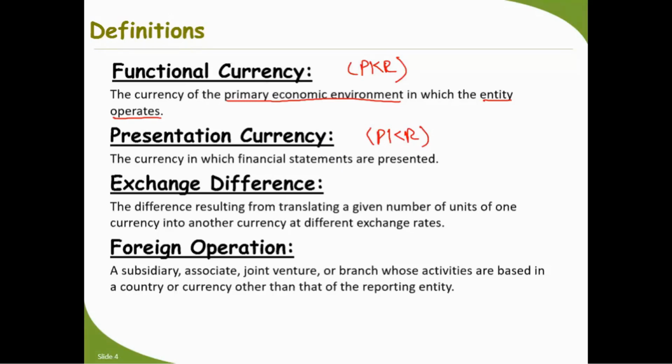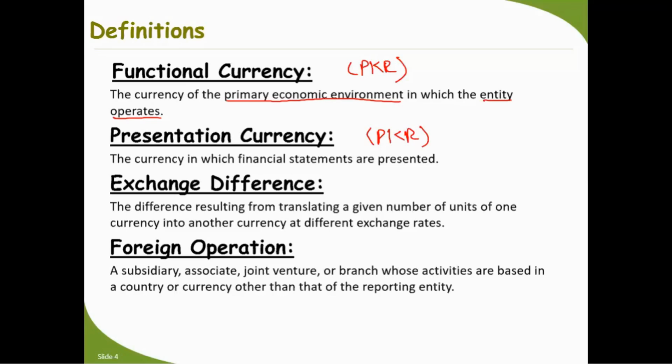Then exchange difference: the difference resulting from translating a given number of units of one currency into another currency at different exchange rates. So once you are translating any number of units of one currency into another currency at different exchange rates, the difference is called exchange difference.